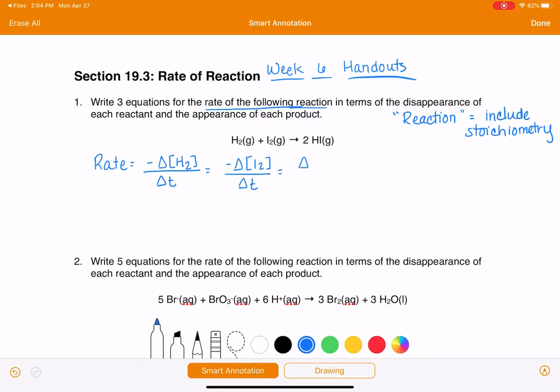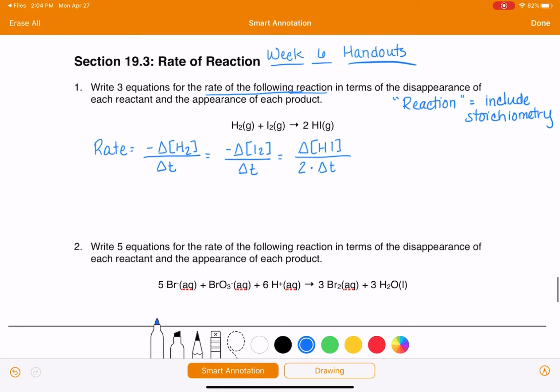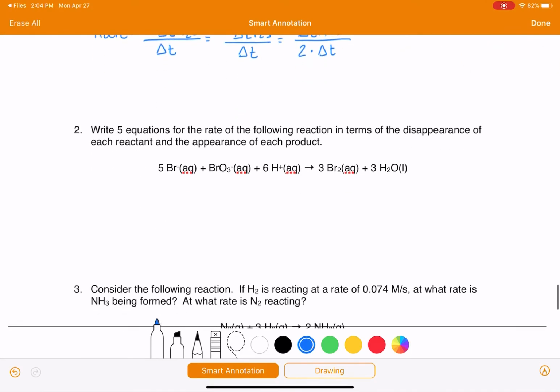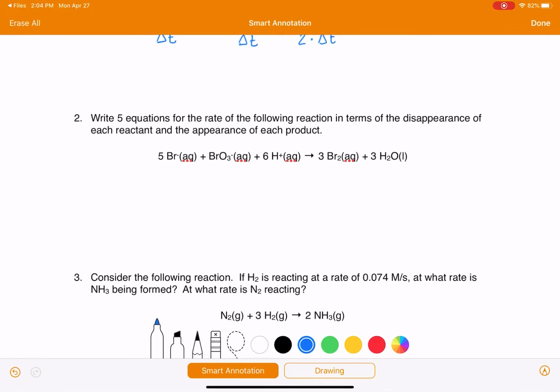Our products always have positive delta. And since our product has a stoichiometric coefficient, we need to include that in the denominator of the rate calculation. So easy.